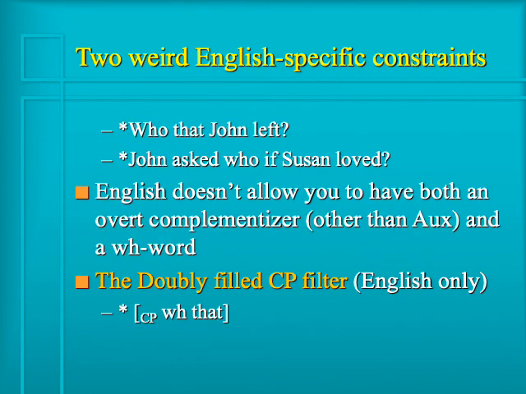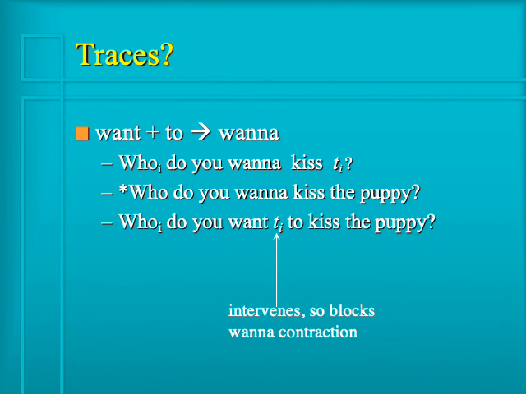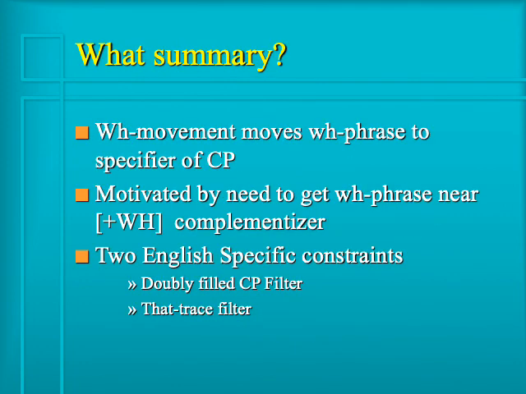And the next two slides I'm going to skip because we don't have time to discuss this, and it's quite interesting but English specific constraints. So we'll just skip these slides, and I'm going to talk about a summary and finish today's lecture. So WH movement moves WH phrases. We had 6 W and 1 H phrases, and we move them to the specifier position of CP.